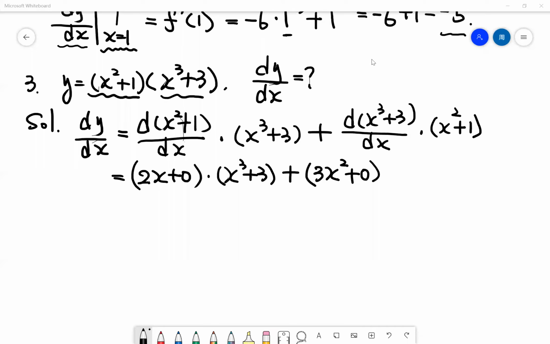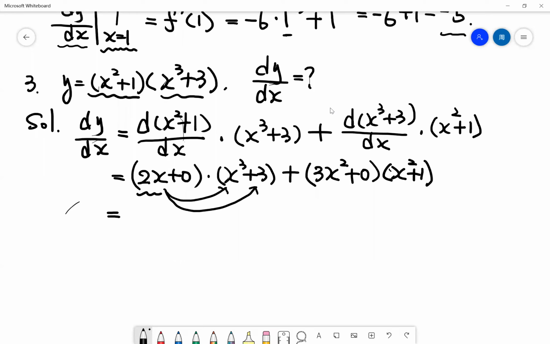And here we first differentiate this function, x power 3 plus 3, and then times x squared plus 1. So now we can simplify it: here is 2x, and 2x times x power 3 plus 3, we just multiply part by part, right?